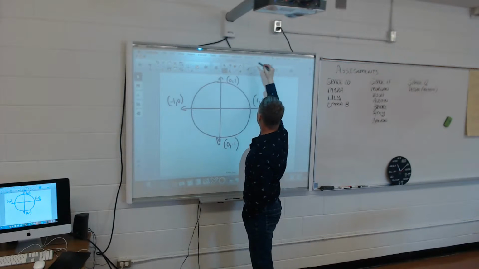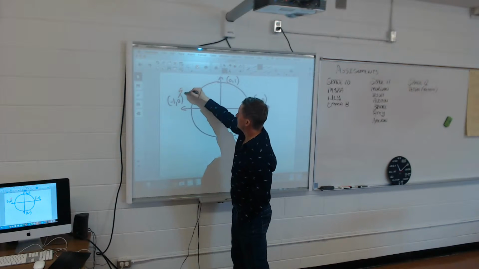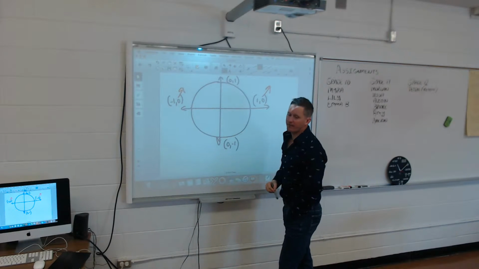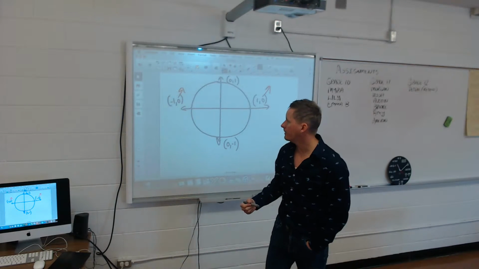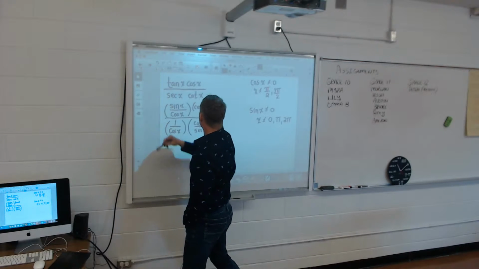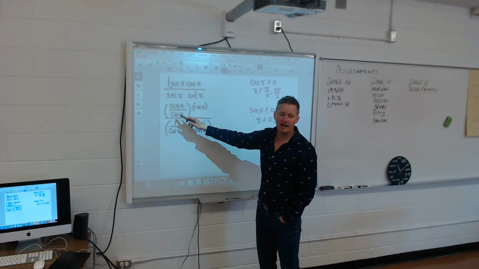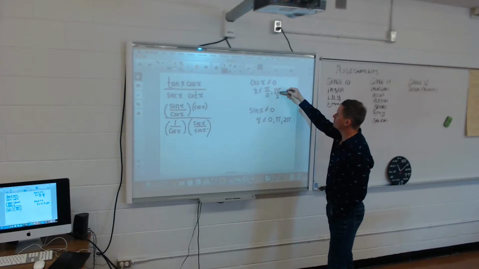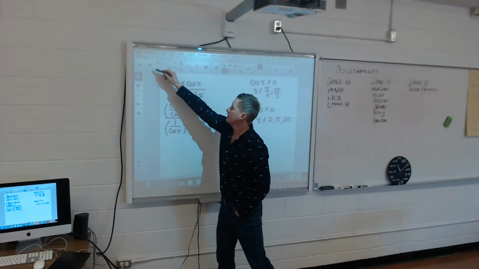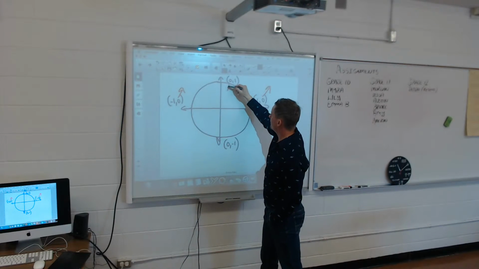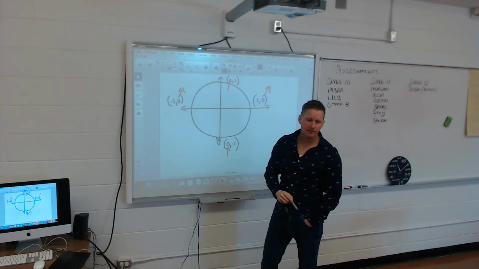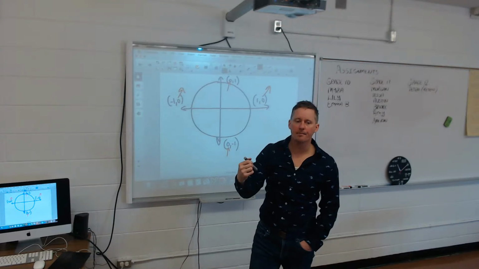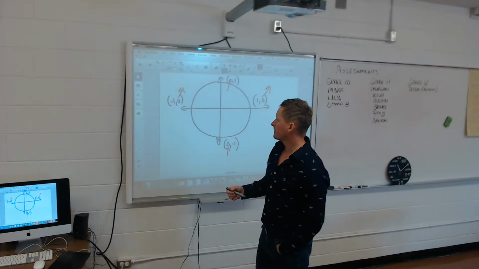I end up with 0 as my values, and I can't have that. That's an undefined value. Cos x can't equal 0 at pi over 2 and 3 pi over 2. At pi over 2, there's my cos value. At 3 pi over 2, there's my cos value. So those are my non-permissible values.